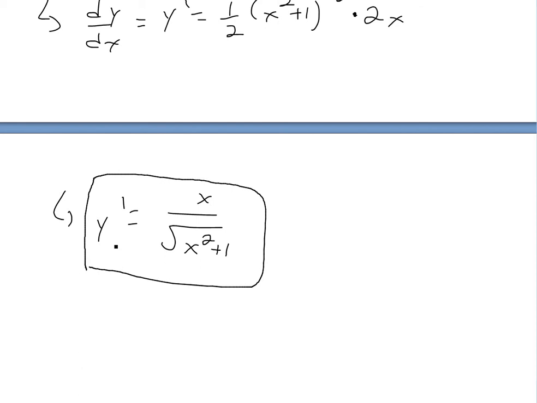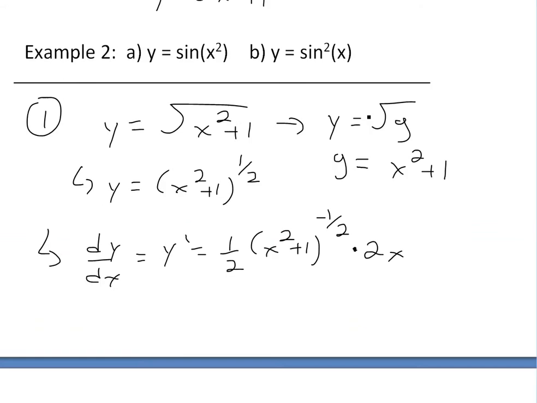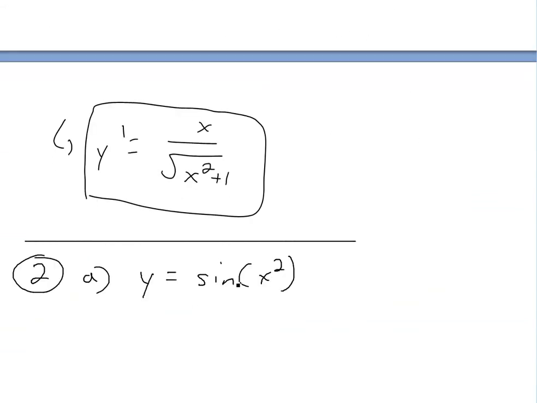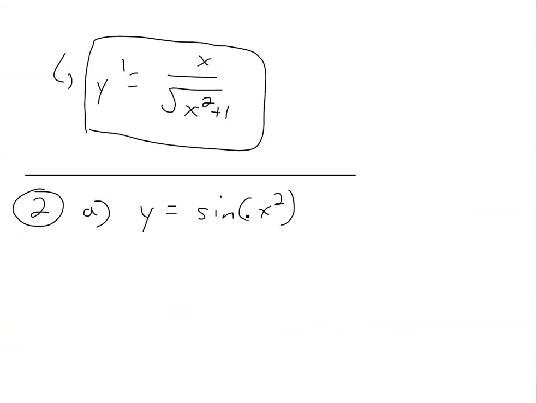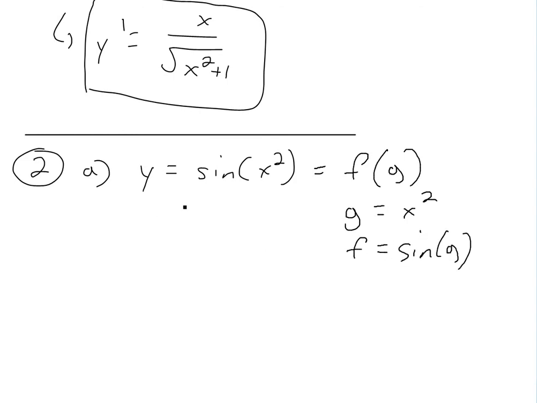Now let's look at example 2. In example 2, there are two parts: y equals sine x squared and y equals sine squared of x. The first basically states y equals sine of x squared. As you can see, there are two functions in this one, so this could be written as f of g, where g is equal to x squared, and f is just sine, so y equals sine of g.